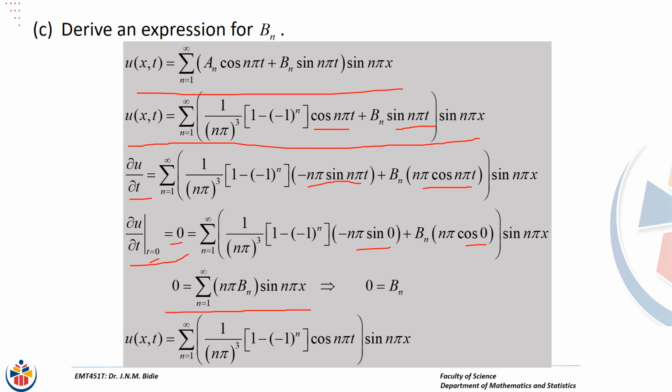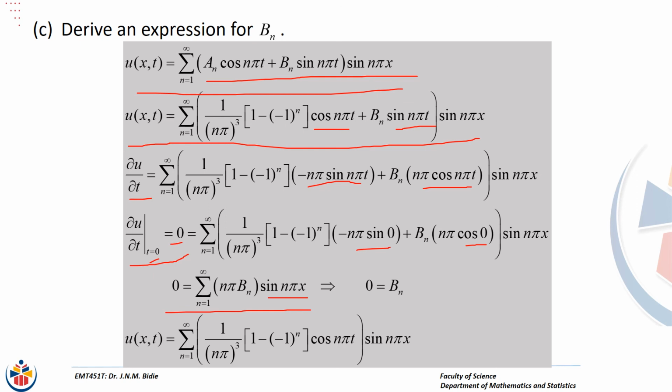Note that sine n pi x cannot be equal to 0. Note, there's our formula. Sine n pi x multiplies everything. So we cannot let it be equal to 0 because our u will become 0. So it means it's only the constant bn that will be equal to 0.